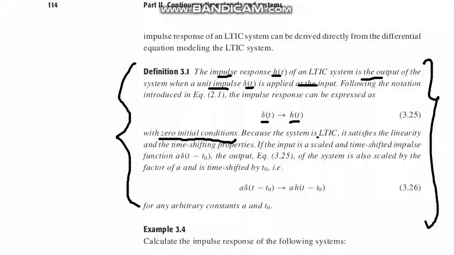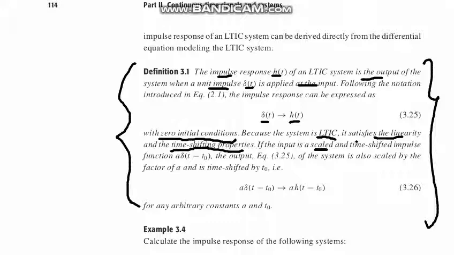Because the system is LTIC, it satisfies the linearity and time shifting properties. So two properties are there.